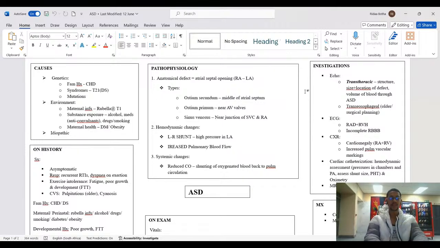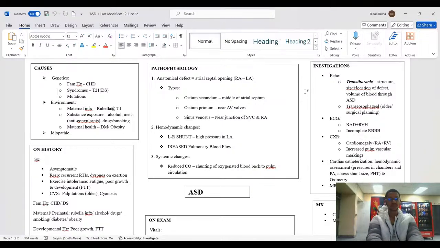Okay, but the hemodynamic changes include a left to right shunt because of the high pressure in the left atrium. Right, you get an increase in pulmonary blood flow because if blood goes from the left atrium to the right atrium and then to the right ventricle and it pushes blood towards the pulmonary circulation, there's increase in the pulmonary blood flow.